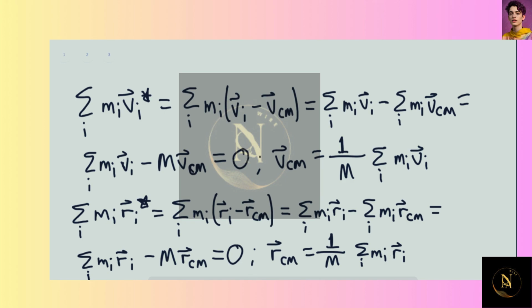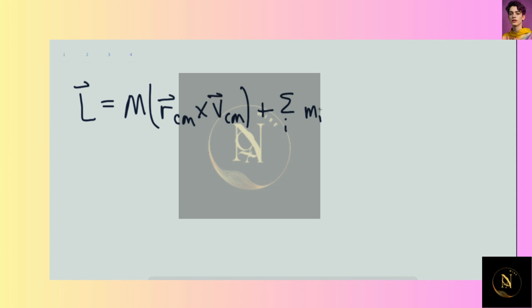And so we can then find the angular momentum. This is going to be equal to the mass times the cross product between the position of the center of mass and the velocity of the center of mass, plus the sum sub I of m sub I r sub I star cross product with v sub I star.